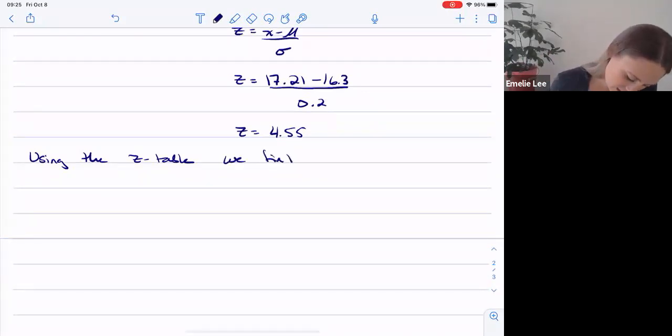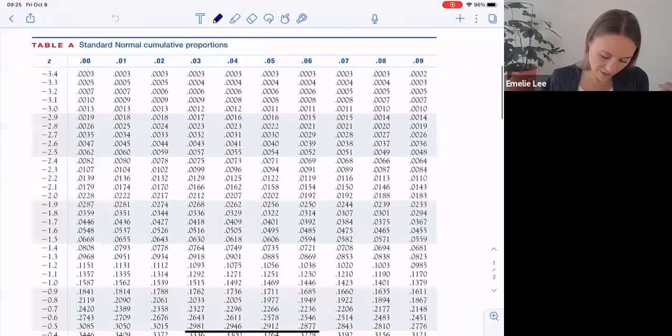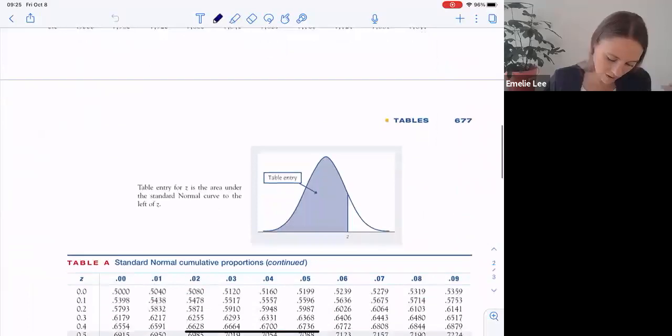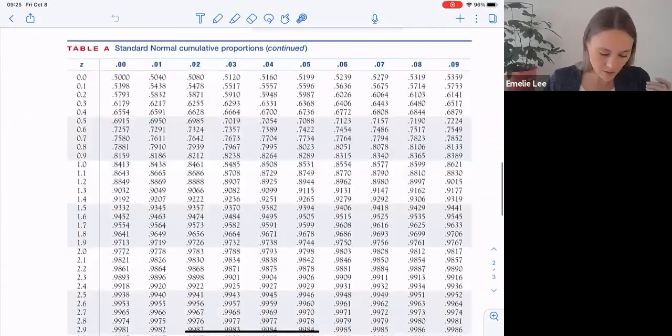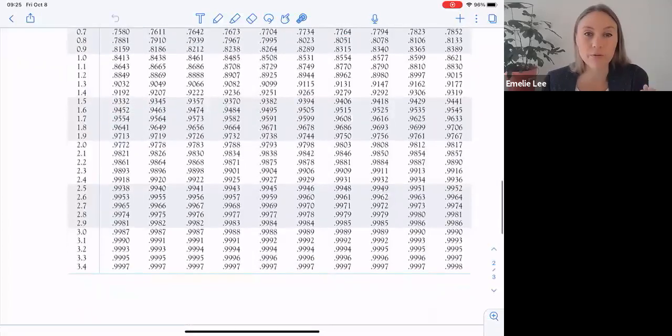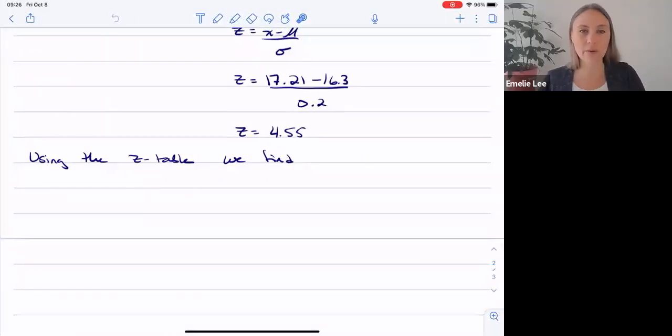We find, well, if we go there, I'm not going to bring it in this time, but we are going to be on the positive side of the Z table here. And so if I try to go to 4.55, I max out at 3.49, right? And so 3.49 has an area to the left of 0.9998, which we looked at last day. So that's okay. I just want to show you how to handle this.